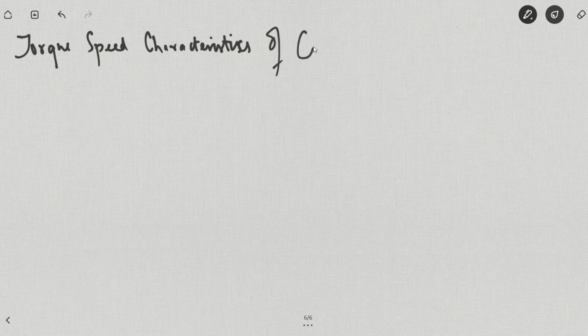So we were discussing the torque speed characteristics of a cumulatively compounded DC motor.